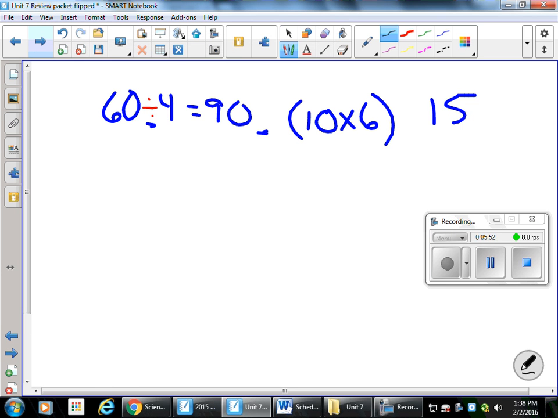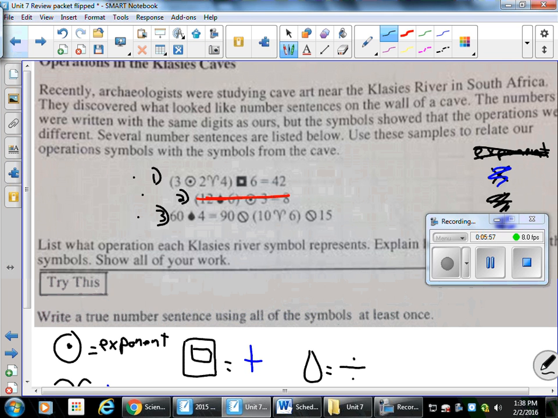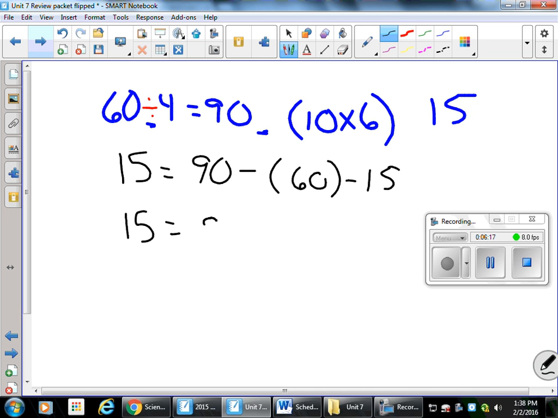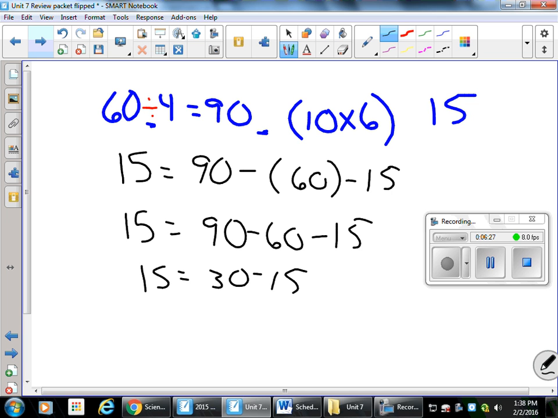So that means this would equal 15. So if this is division, then this one over here would have to be subtraction. Let's see if it works out. Equals 90 minus 60 minus 15. So 15 equals 30 minus 15, which is 15.